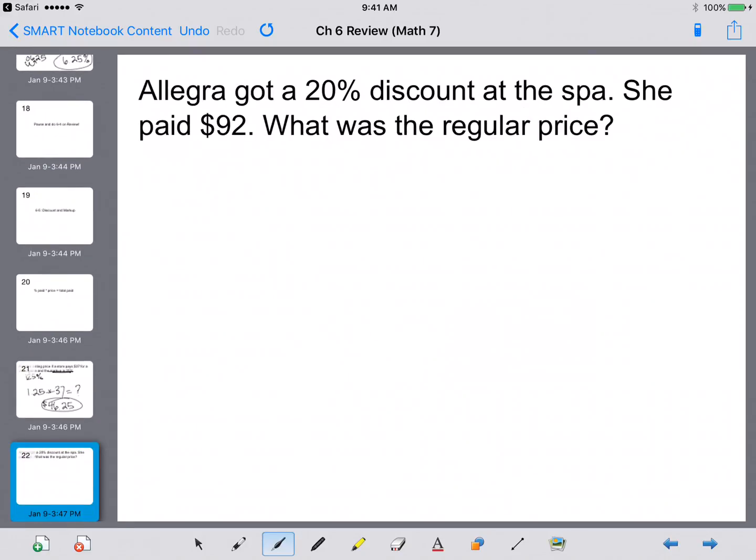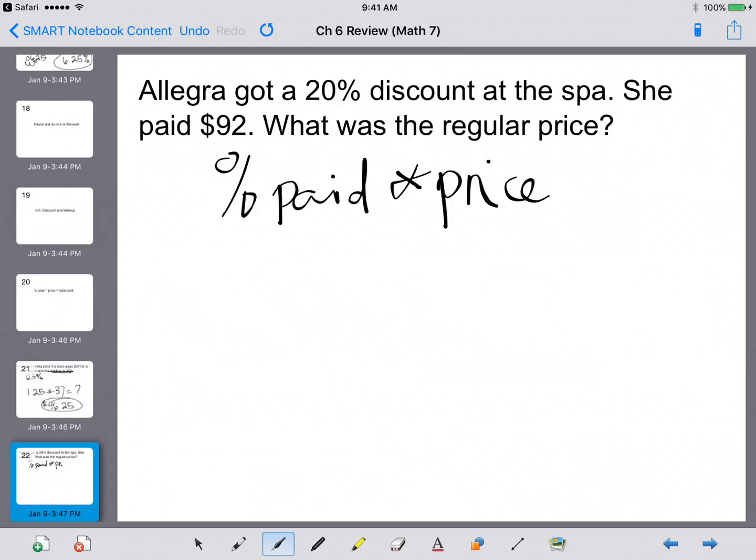We're also going to show you how to do a discount. So Allegra here got a 20% discount at the spa. She paid $92. What was the regular price? So we have percent paid times price equals total paid.